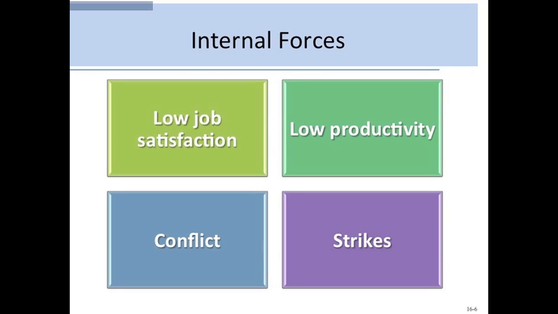Aside from the external forces, we also have the internal forces. And here you see four examples of internal catalysts to change. All four happen to be negative issues, problems that arise within the organization. We might have low job satisfaction, low levels of productivity, increased conflict between and among people and groups, and also the advent of strikes. All of those problems can in fact motivate change.